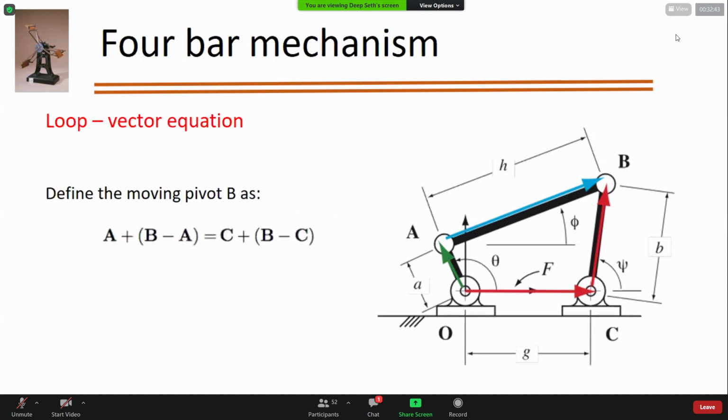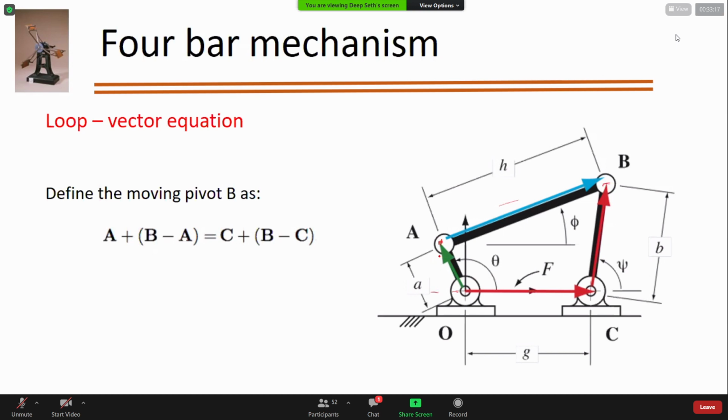So we are defining the moving pivot B. We can write it as A plus B minus A, where B minus A is nothing but H, and A's position is this.